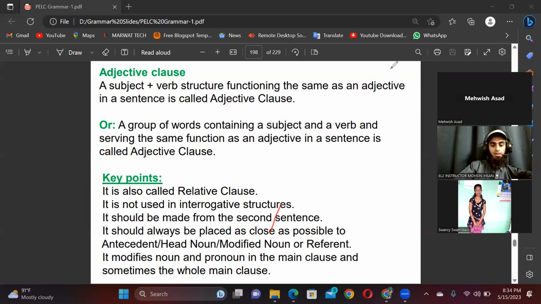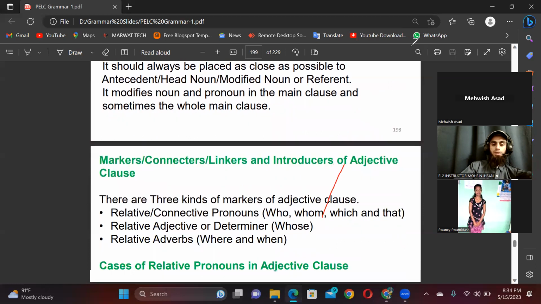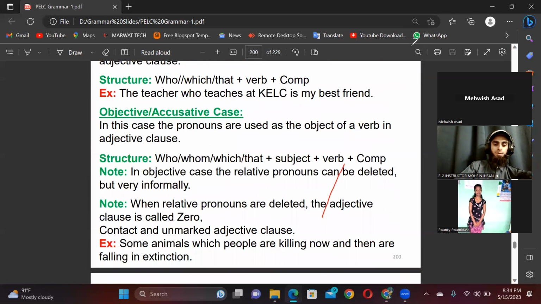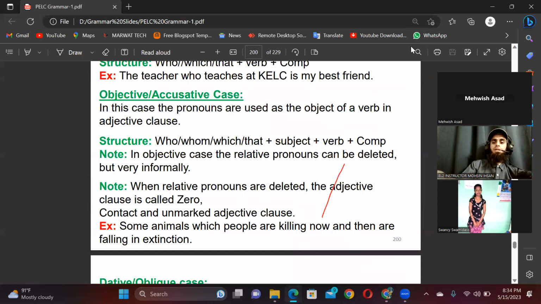These are some other names which are given to it. Let's have some examples for adjective class. The teacher who teaches at Calc's Academy is my best friend.